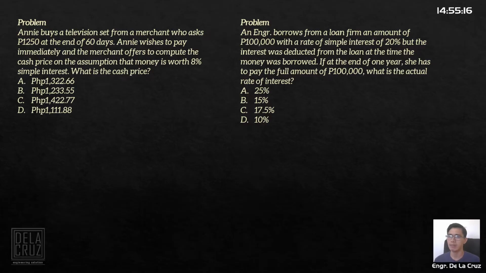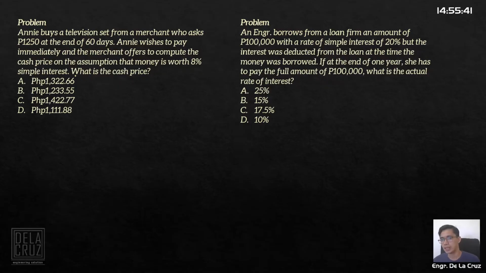Annie buys a television set from a merchant who asks 1,250 pesos at the end of 60 days. Now, Annie wishes to pay immediately and the merchant offers to compute the cash price on the assumption that the money is worth 8% simple interest.